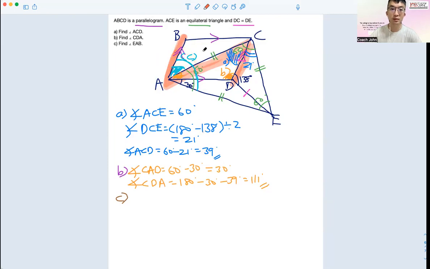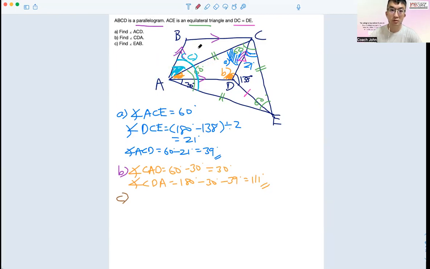So with that, this angle is 39 degrees. So angle CAB equals 39 degrees, alternate angles. And with that, angle EAB equals 60 degrees plus 39 degrees, and that is 99 degrees.